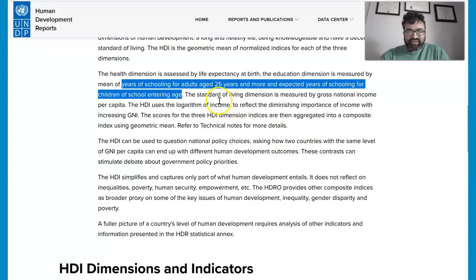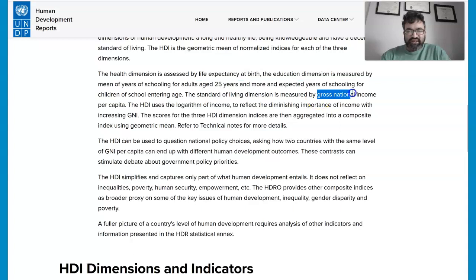So then, of course, the standard of living dimension, this is measured by gross national income per capita. So then the HDI uses a logarithm of income to reflect the diminishing importance of income with increased GNI.